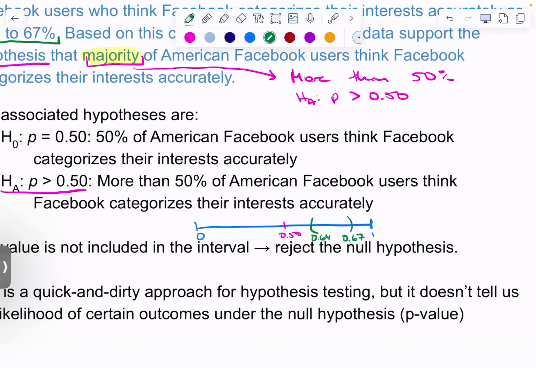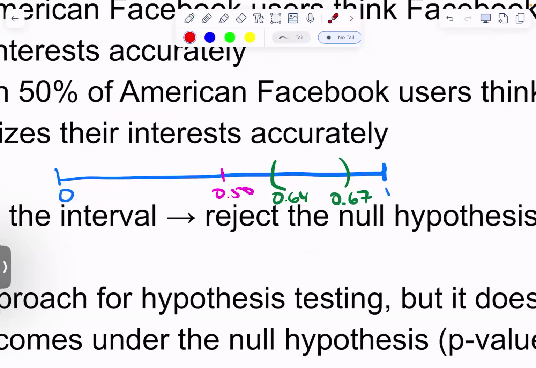Now, if I zoom in here, how we interpret the confidence interval is: I'm 95% confident that the true proportion of American Facebook users who think so is somewhere between 0.64 and 0.67. That also translates to: I'm 95% confident that it's not 0.5. 0.5 is outside the interval.